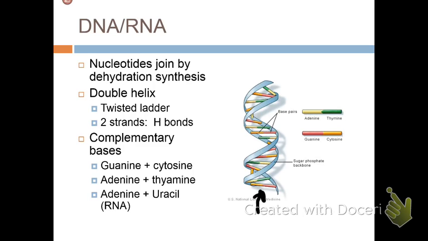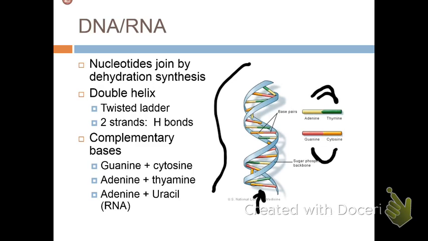Notice that all through this rung, we have adenine and thymine. The green and the white make a pair every time. And the guanine and the cytosine, the red and the orange, are paired up all other times.